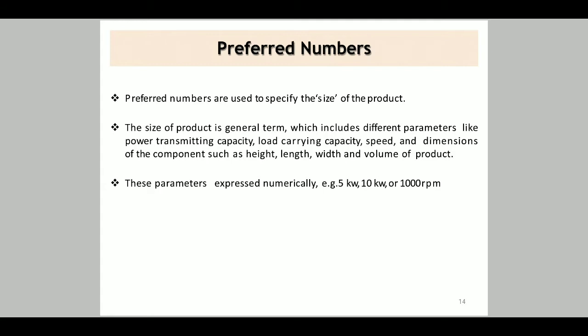These parameters are usually expressed numerically. For example, power transmitting capacity in kilowatt or speed 1000 rpm, etc. So let's see the preferred numbers in detail.